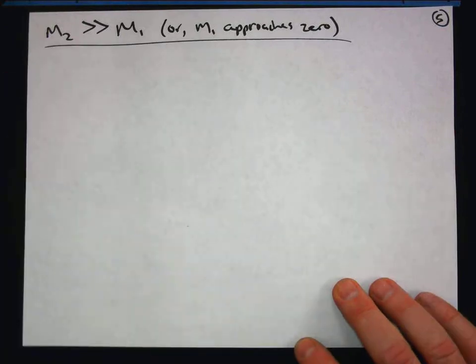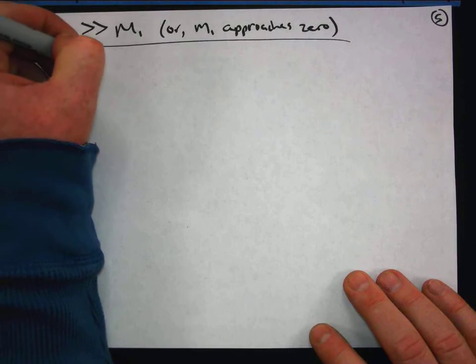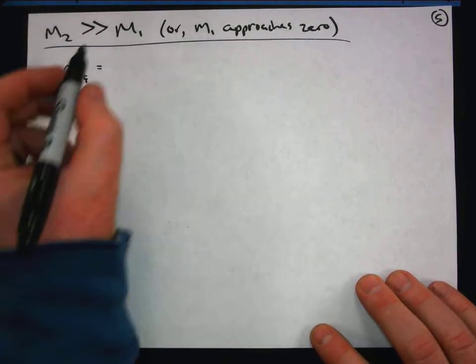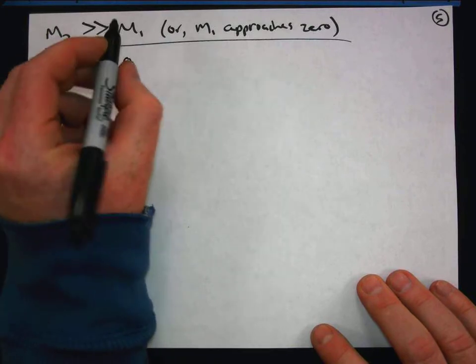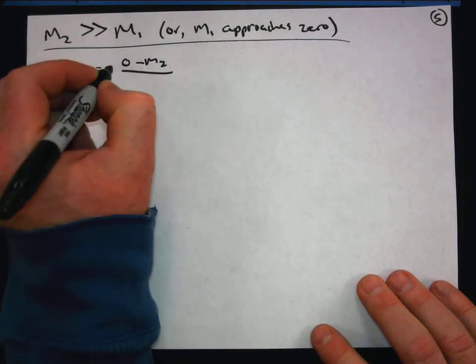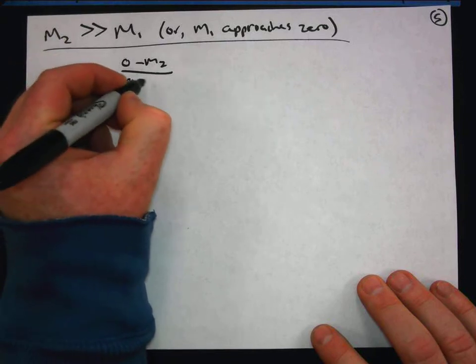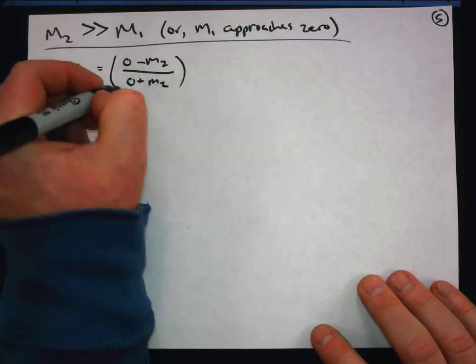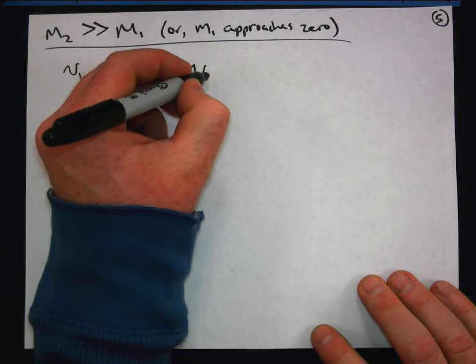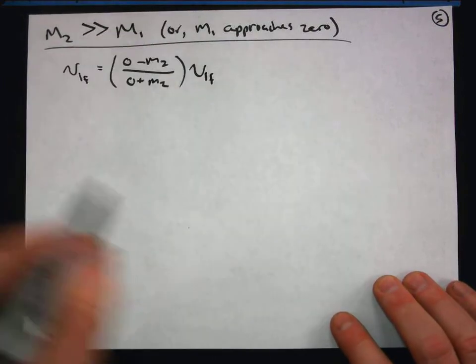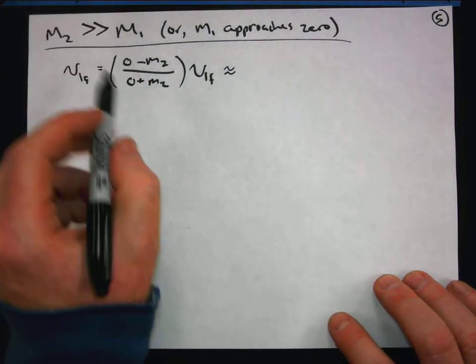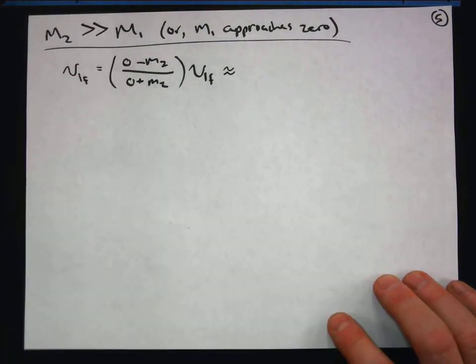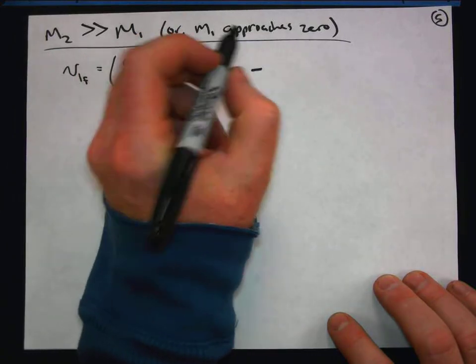Now, once again, evaluate final velocity for object 1. So, just like before, substitute 0 for M1. So we have 0 minus M2 divided by 0 plus M2 times the initial velocity of object 1. And this is going to be approximately equal to, remember, it's got to be approximate. And so this fraction looks like it's going to be equal to negative 1, so we have negative initial velocity of object 1.